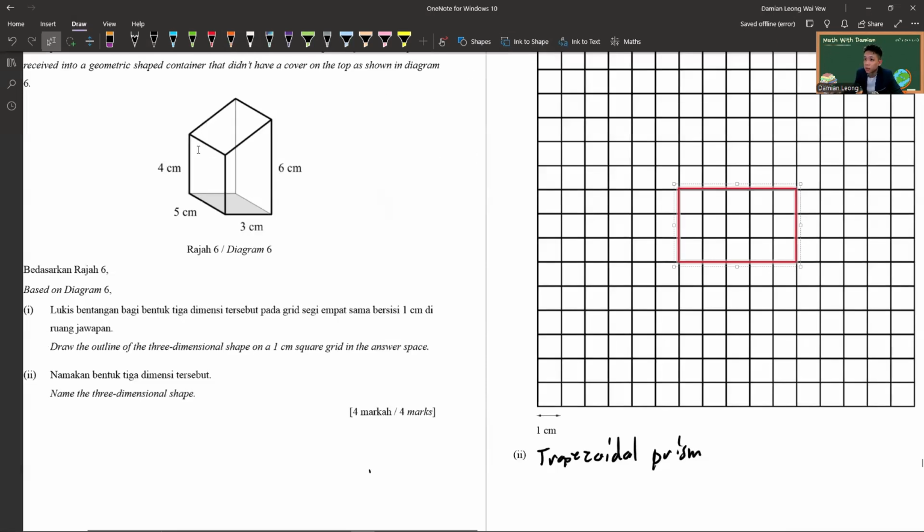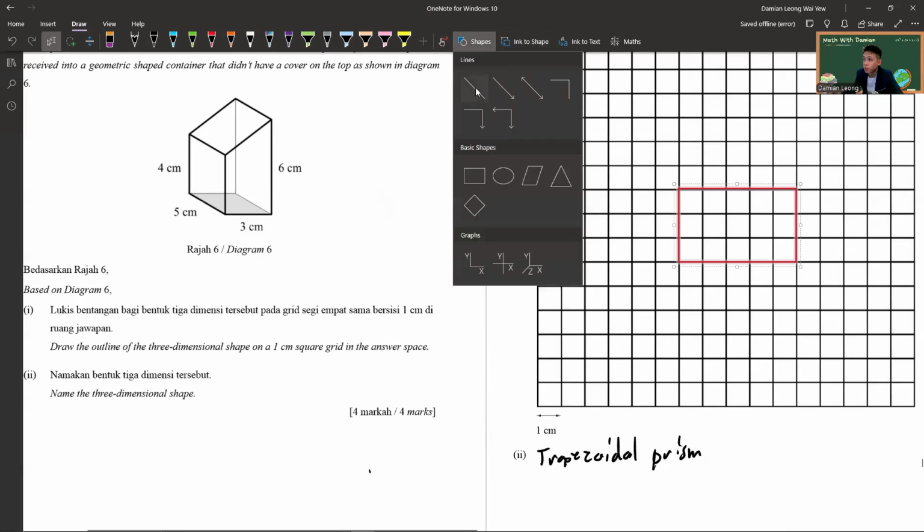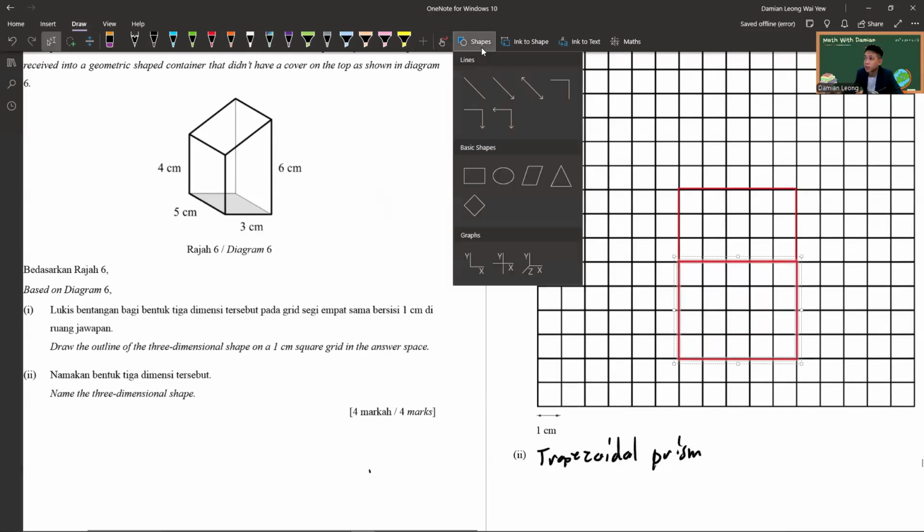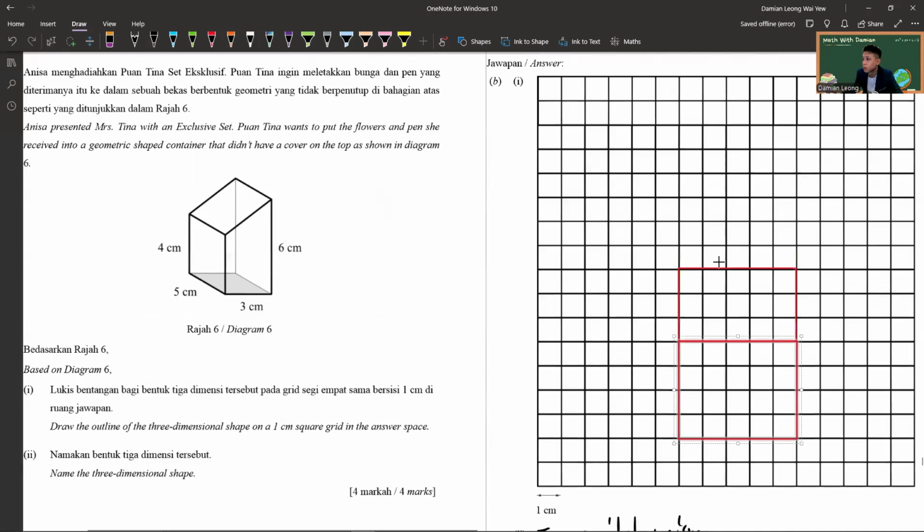Then this one, 4 cm by 5 cm. So this one is a height of 4 cm. So I use 4 boxes. The other side, 6 cm. 6 boxes up. 1, 2, 3, 4, 5, 6.